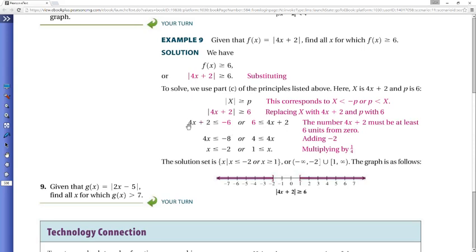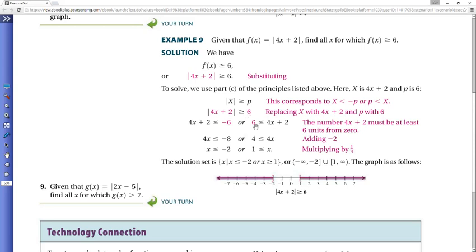So I can get rid of the absolute value by saying 4x plus 2 is less than negative 6, or if you think about that, negative 6, what would have to happen? I'd still have to go farther left of negative 6 to get these absolute values bigger than 6, right?